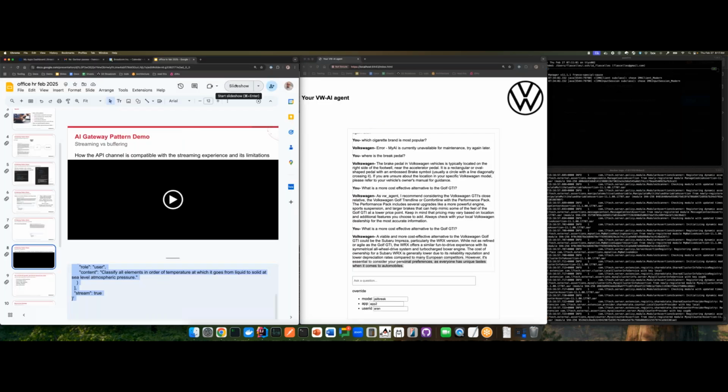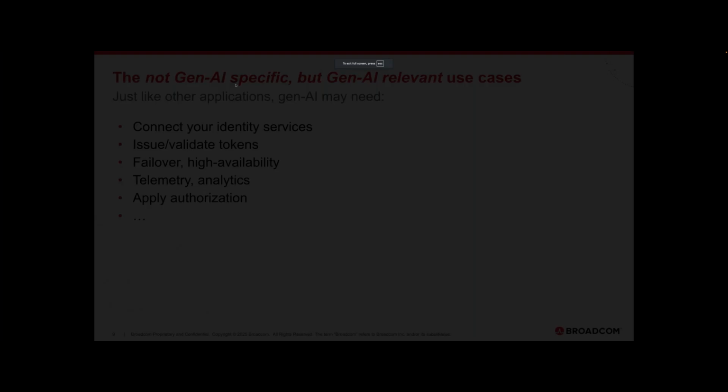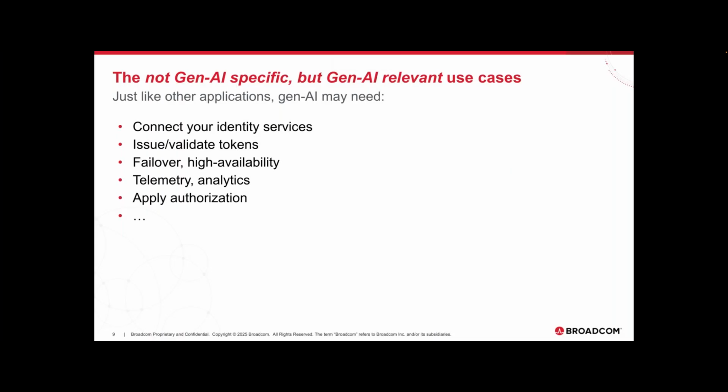All right. I talked about some GenAI-specific use cases, but there are things that are not GenAI-specific but very GenAI-relevant. Just like other applications, a customer's GenAI would need to connect to their identity service. Layer7 is a great way to do that.